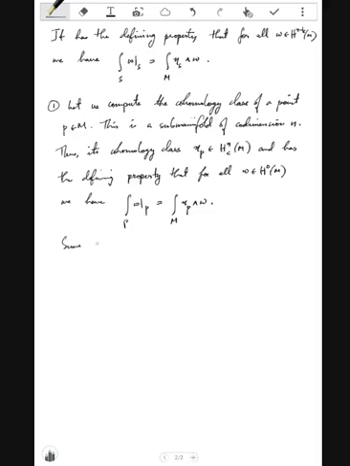Since omega is in H^0(M), it is represented by a constant function.